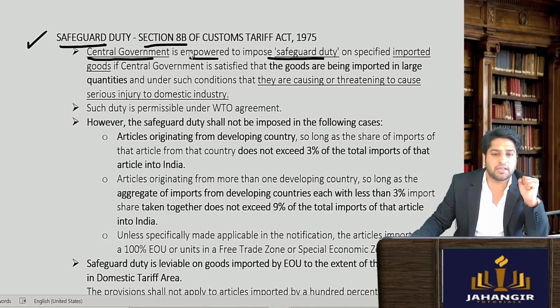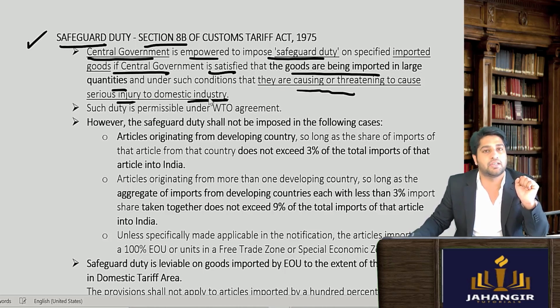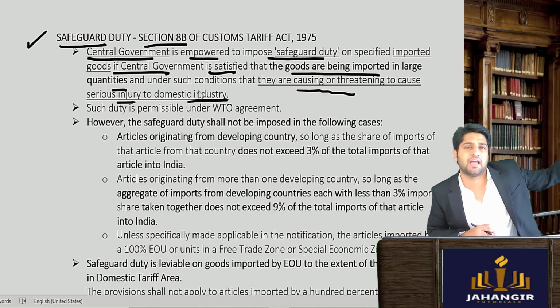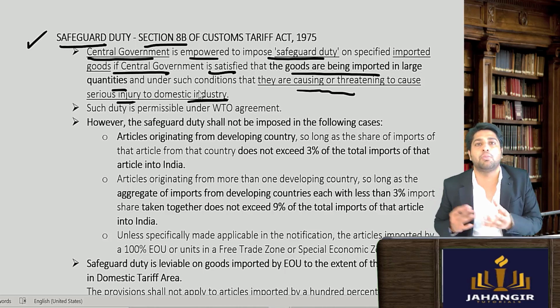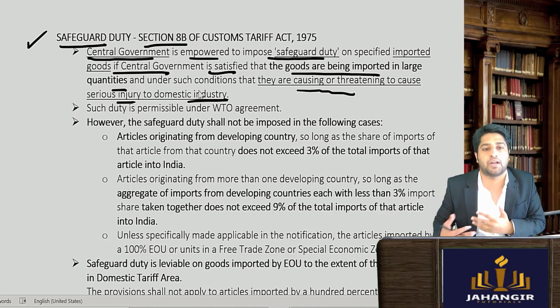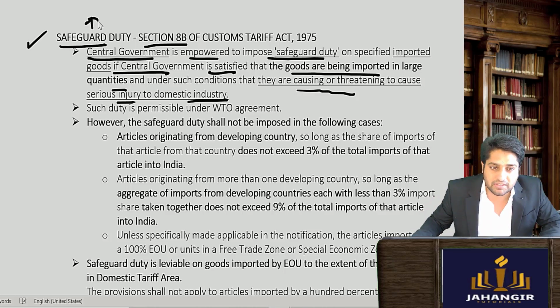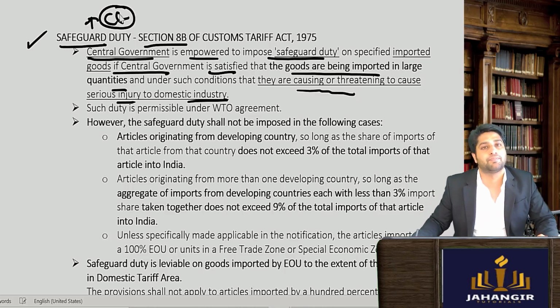Now when will they impose it? If the central government is satisfied that the goods are being imported in large quantities and in such condition that they are threatening to cause serious injury to the domestic industry. So if we feel that everybody is importing only, nobody is buying from the domestic industry, then again if we want to protect or safeguard the domestic industry, here the power is given to the central government.